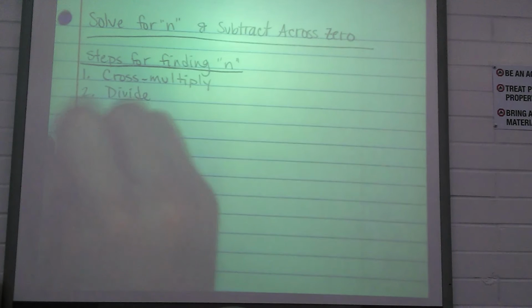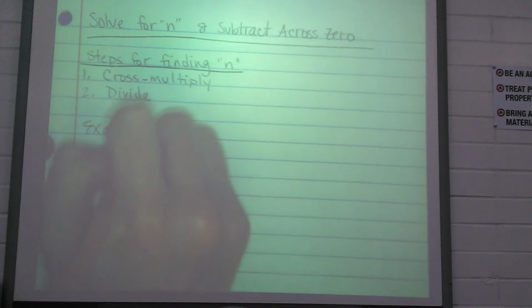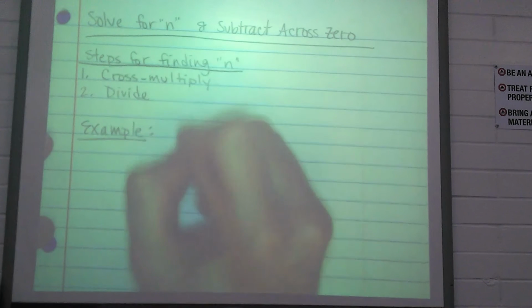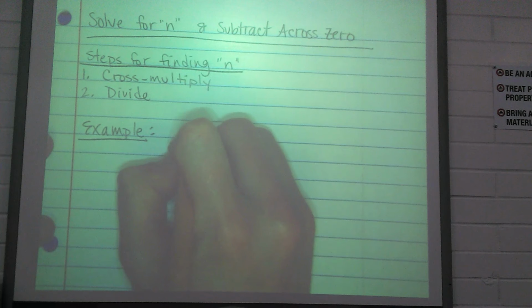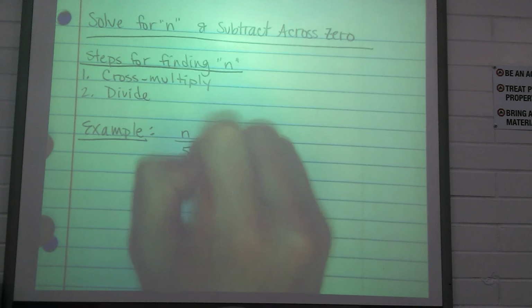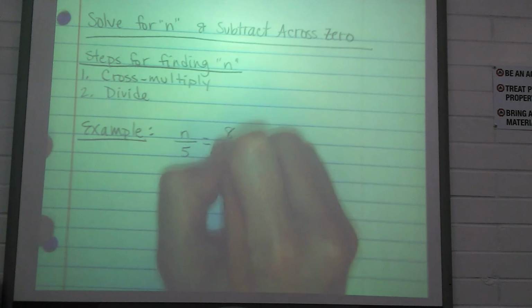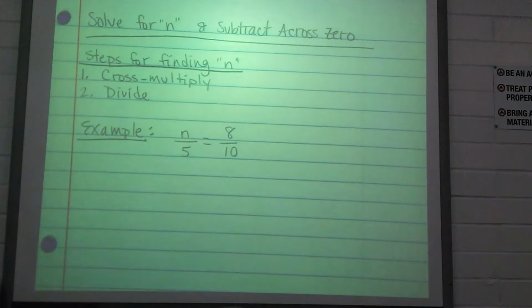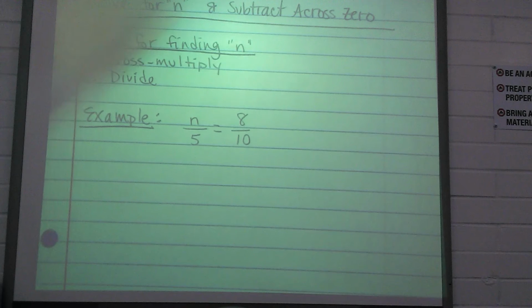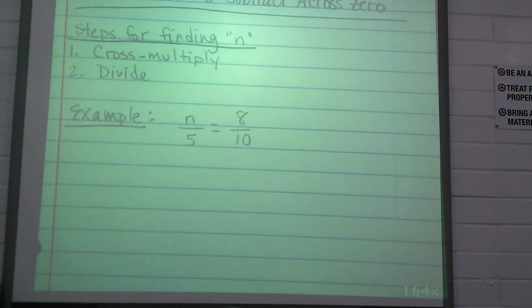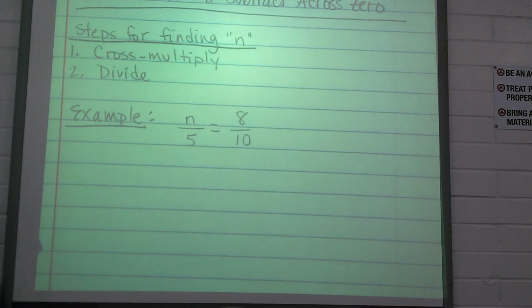All right, so an example of this would be if I had n over 5 equals 8 over 10. I'm going to zoom in a little bit here for you. n over 5 equals 8 over 10.